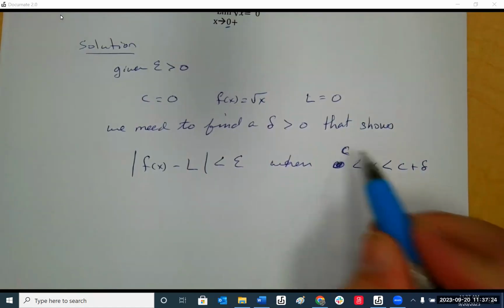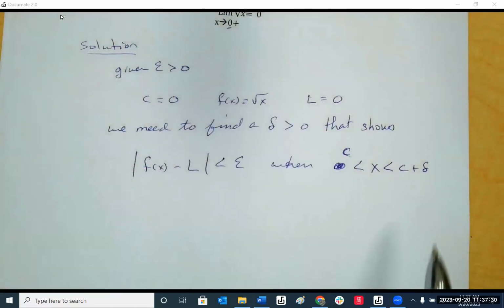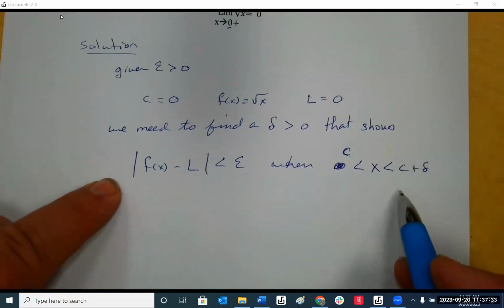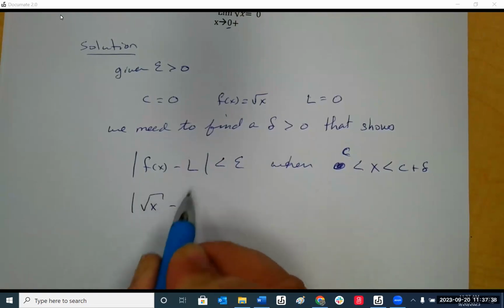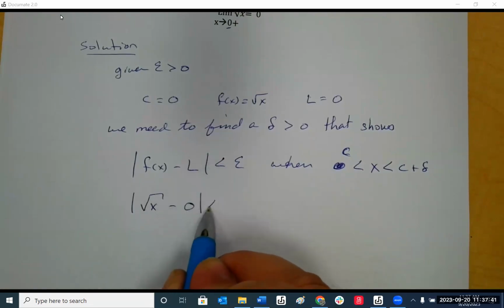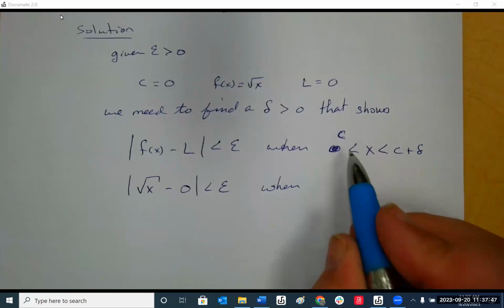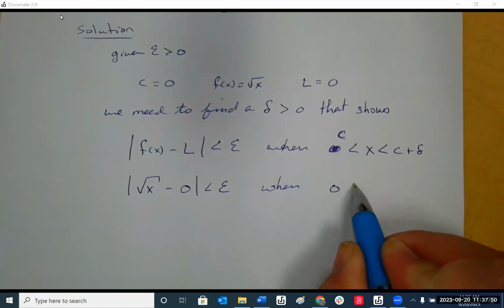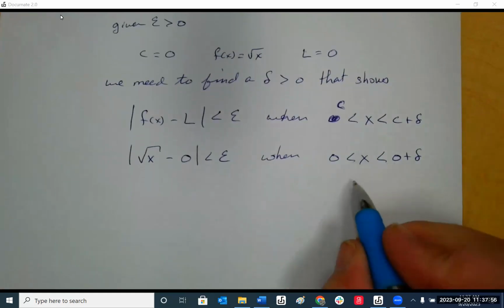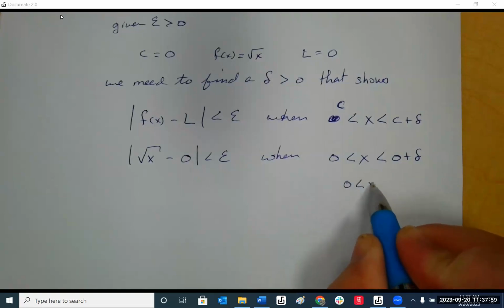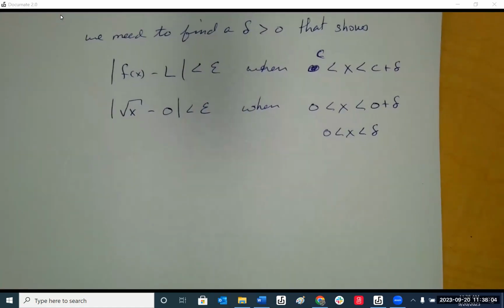Why do we use c plus delta on this one? It's because it's from the right, exactly. So let's plug in what we know already. What is f(x)? What is L? What is our value c? It was 0 plus delta. Right, we're just plugging in there now.